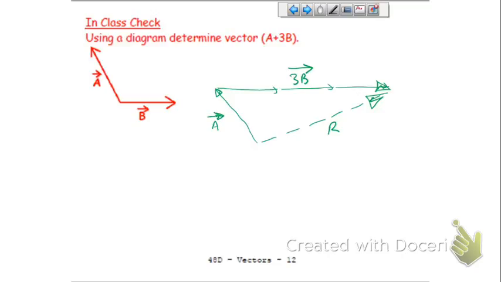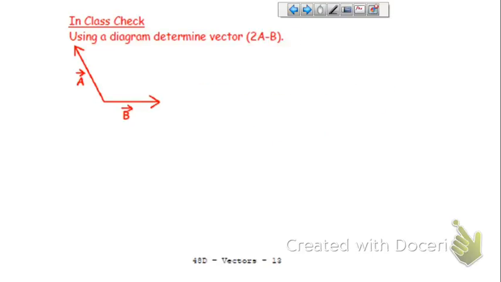Okay. Make my arrowheads real big so you can see how it's going. 2A minus B. Oh man, I messed up, didn't I? Minus B.